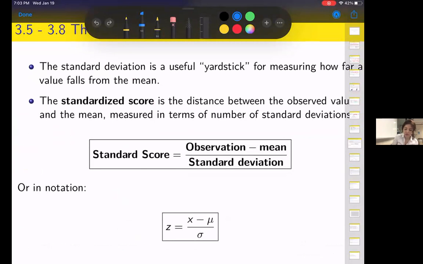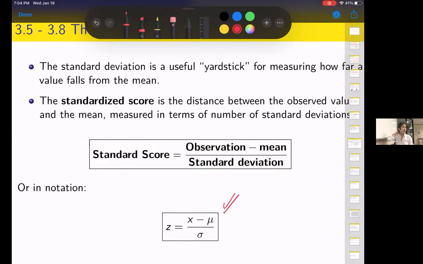It is the difference between the observation, the little data point x1, x2, x3, and the mean, divided by the standard deviation. In mathematical notation, z, for standard score, equals x, your observation, minus mu, the population mean, divided by sigma, the standard deviation. Remember this formula.